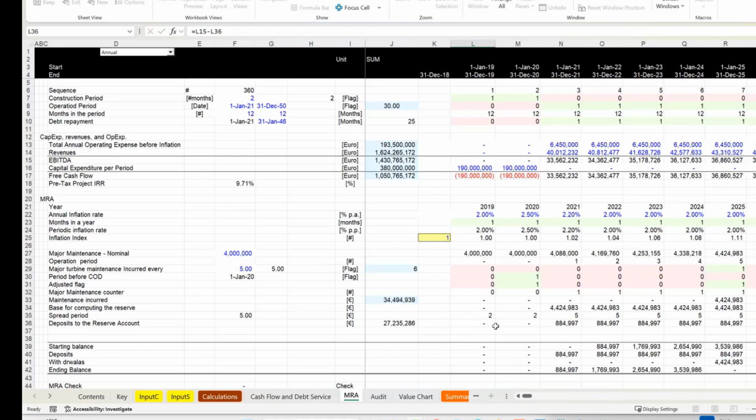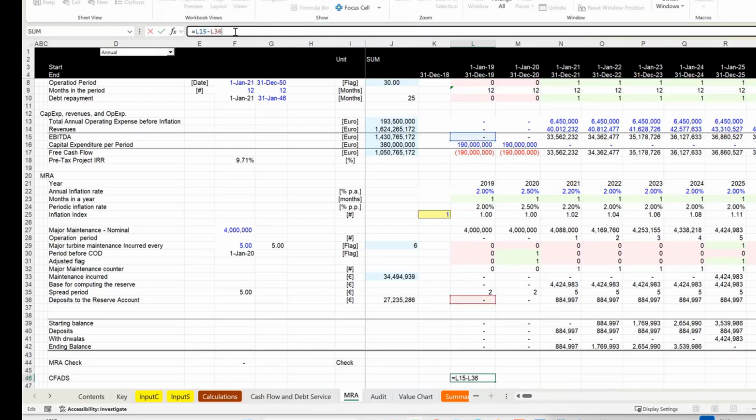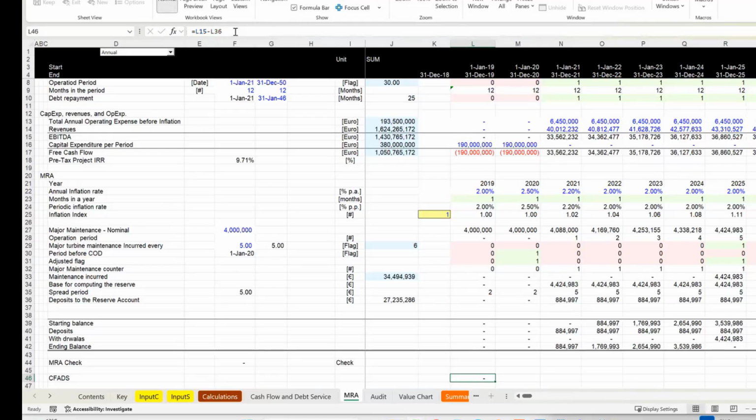Or we could put minus the amount we spend plus the withdrawal, but that would be the same. If we wanted to put a little test for whether we use a reserve account or not, okay, let's just do it like this for now, though, first.